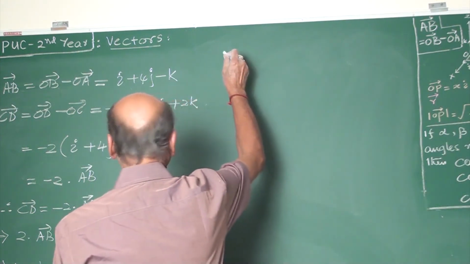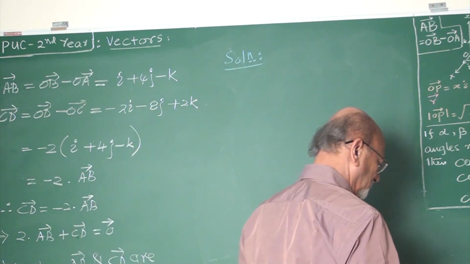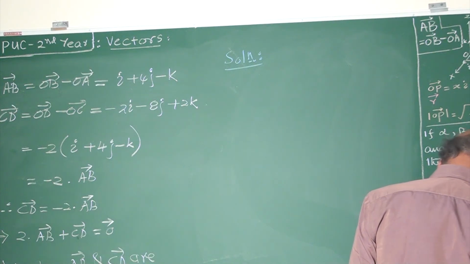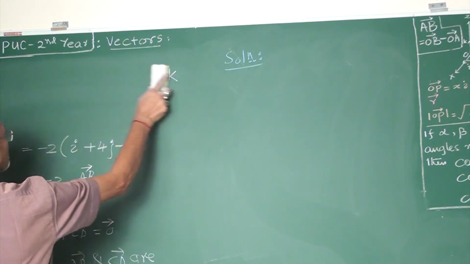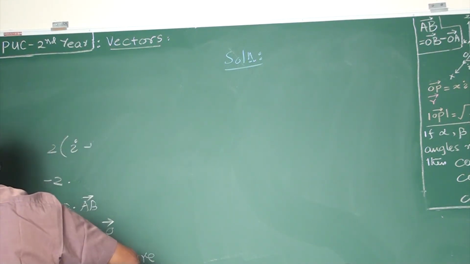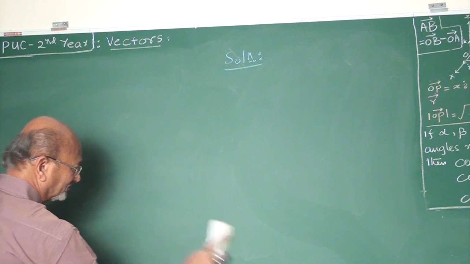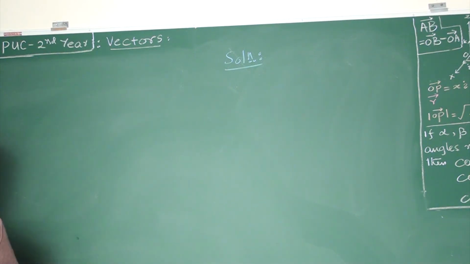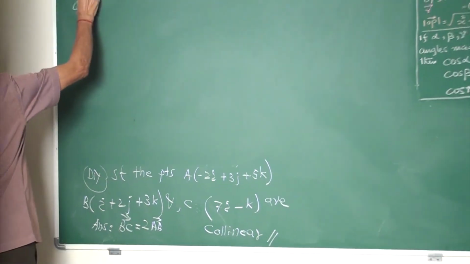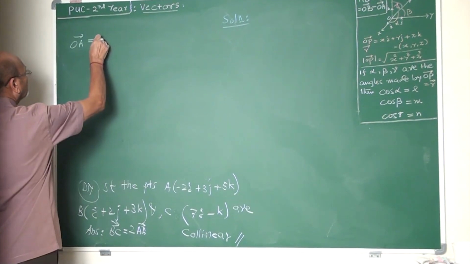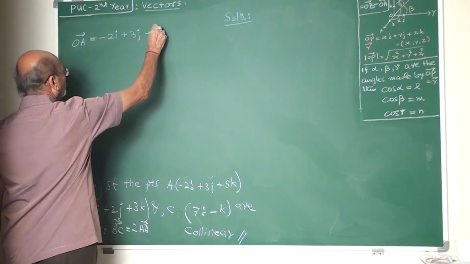The solution for this is: this is OA, minus 2i plus 3j plus 5k.